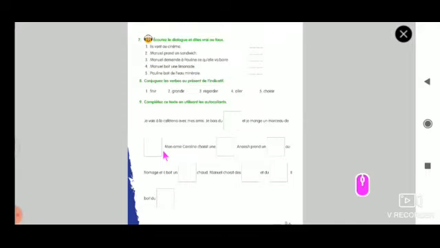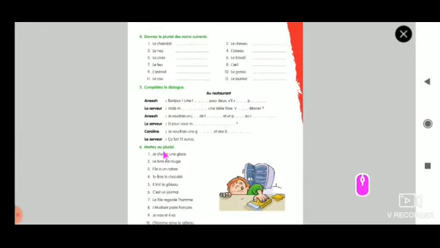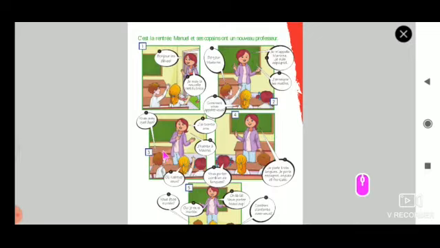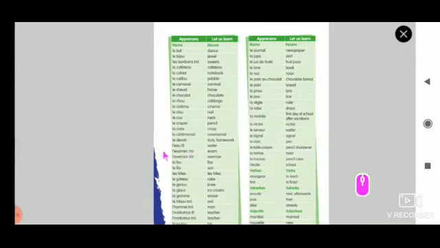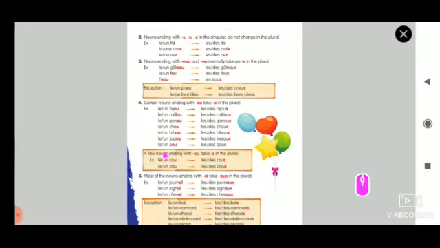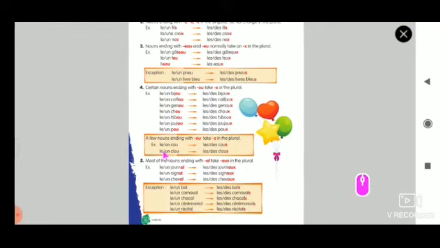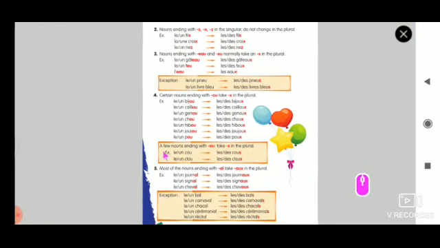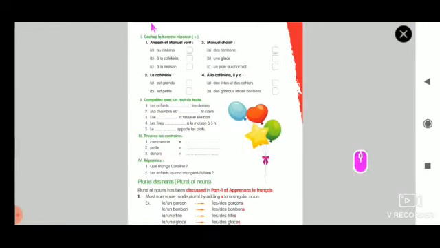This will be a very good lesson, à la cafétéria. I think you have a clear idea about this lesson, and please do not forget to revise the plural, which is very important. If you revise that, the following exercise, exercise number 6, will be easier.